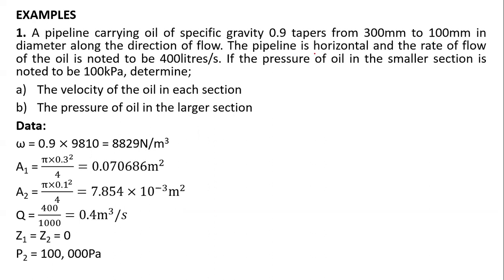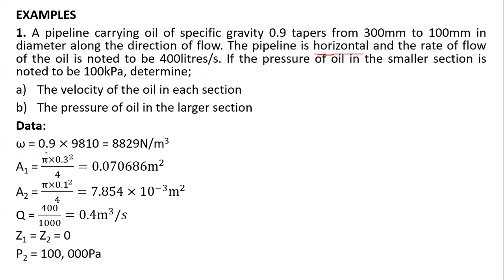And this pipe is actually horizontal. Rate of flow, 400 liters per second. And the pressure in the smaller section is 100 kilopascals. Now, let's find the velocity of the oil in each section and also the pressure of oil in the large section.